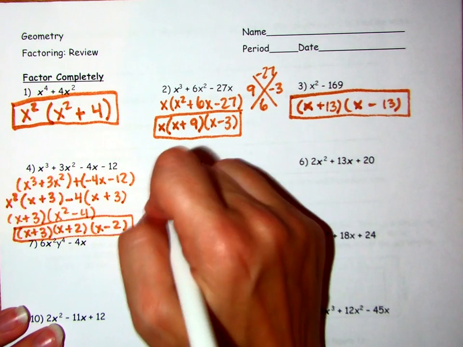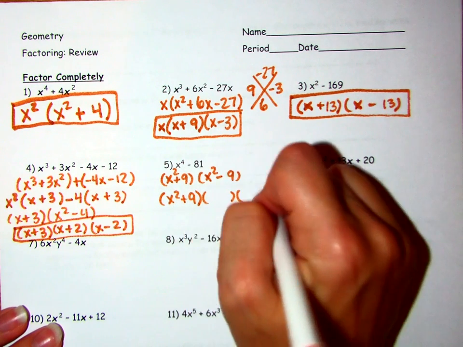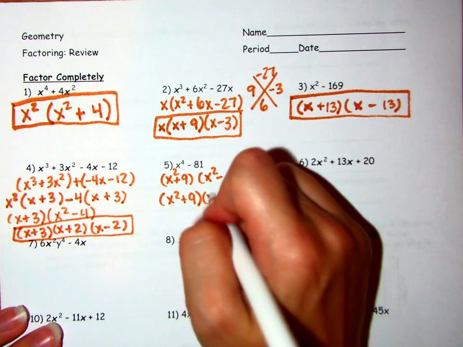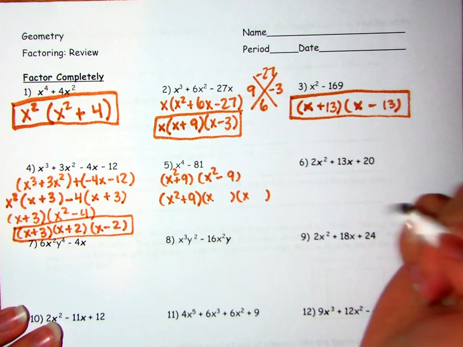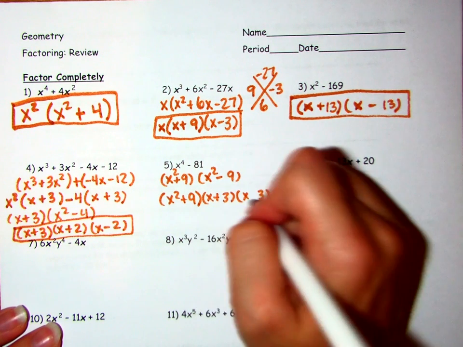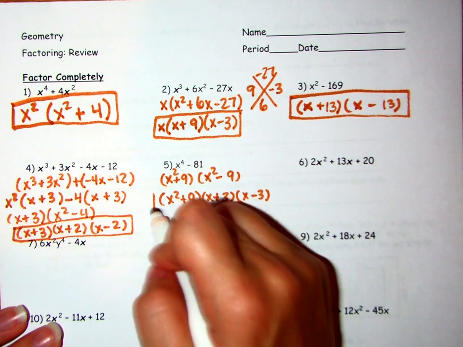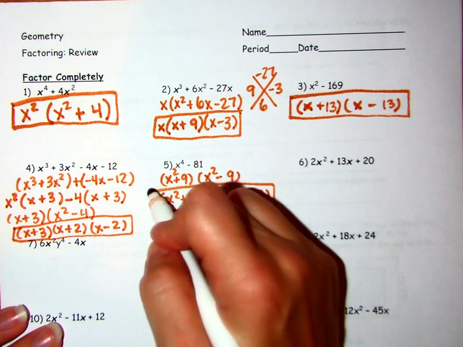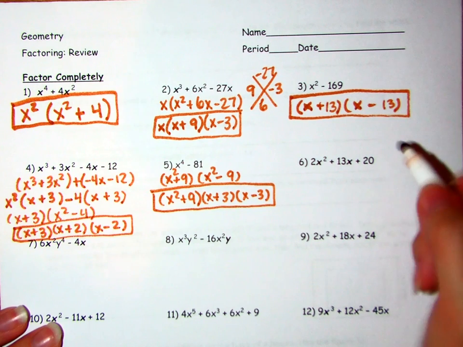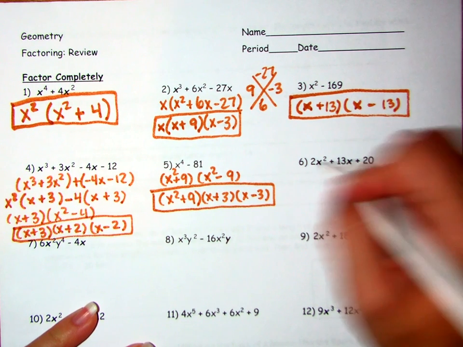So we bring down the x squared plus 9, and then we open up 2 sets of parentheses for this one. X times itself is x squared. 3 times itself is 9. We have one that's going to be a plus, one that's going to be a minus. Now we're back to odd exponents, so we know that this cannot factor any farther. That's it.